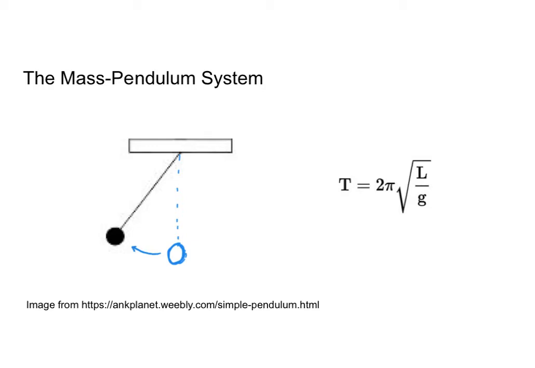So when we think about our system, we have two forces acting on it. We have the tension force, which is directed upwards, and we have gravity, which is directed straight down. Now, our mass is not falling off of our pendulum string.